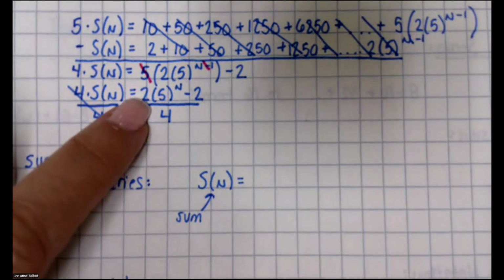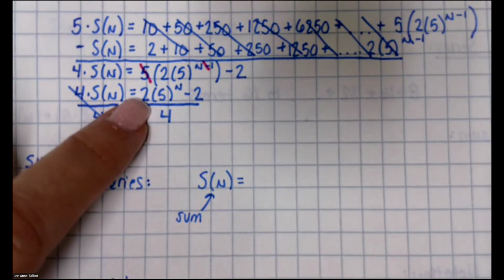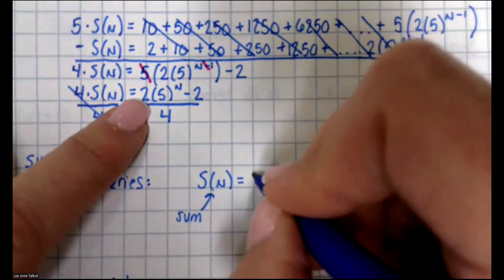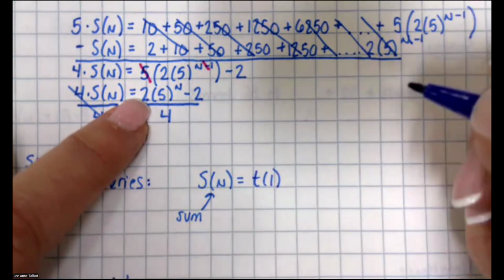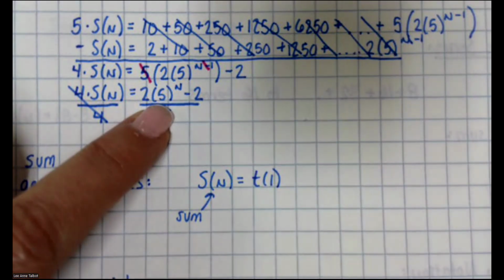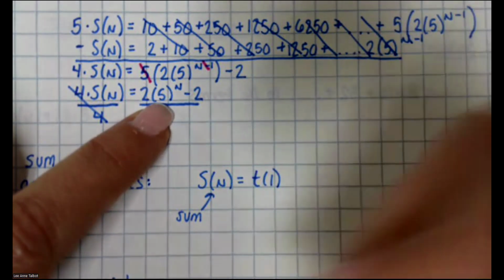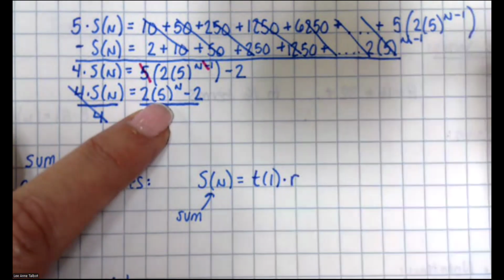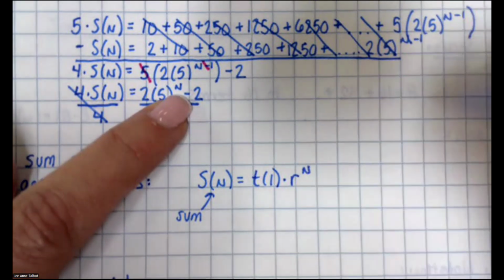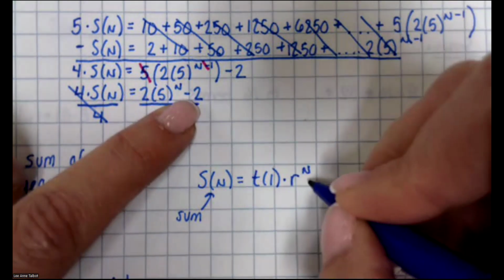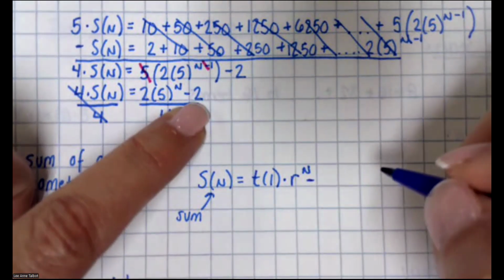Tell me, what was the 2 in the very original series? Look back up at the top of the page or the top of the term 1. And what was the 5? And then again, what was the 2?